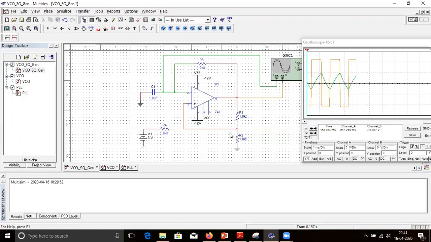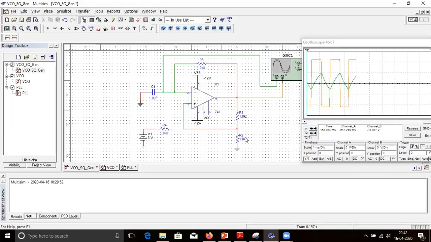So how do you find out UTP and LTP here? The power supply is plus 12 and minus 12. Practically, we take the saturation voltage 2 volts below this power supply. So you have saturation plus 10 and minus 10. Both these resistances are equal.